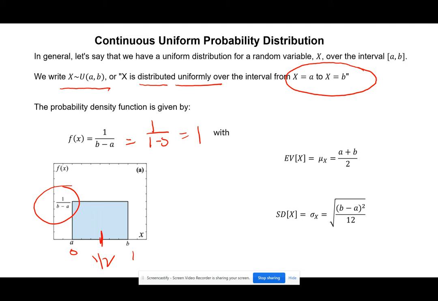It's right in the middle of it. So that's where this equation comes from. The standard deviation is a bit more complex. We'd want some calculus to get into that, but I'm not going to do that here. Just know that the formula is the square root of the max minus the min squared divided by 12.